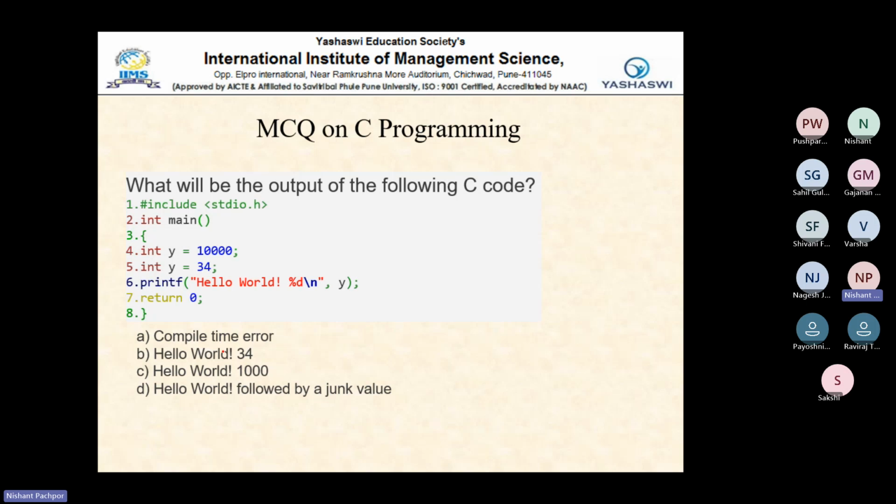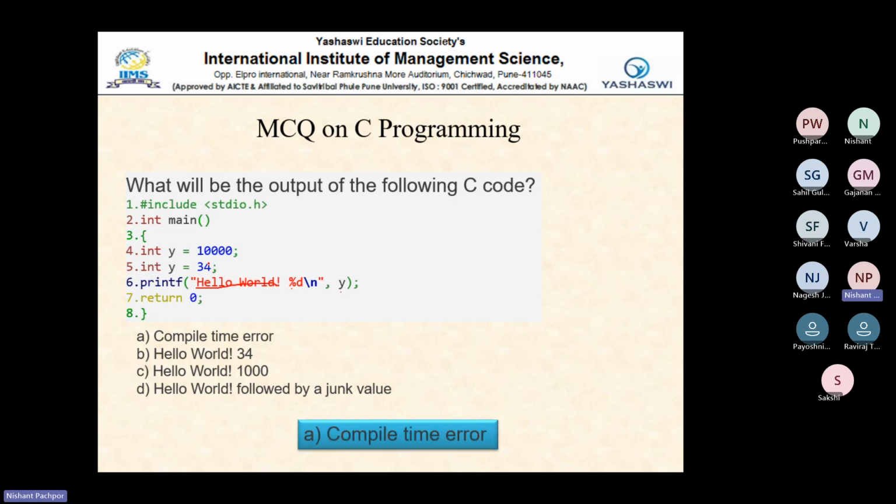If the value of int y is 34, what does it print? Output options: compile error, or Hello World and then 34. Yes, Hello World 34. Correct. The printf statement prints Hello World as it is, and replaces %d with the value of y. The value stored in y in memory is 34.